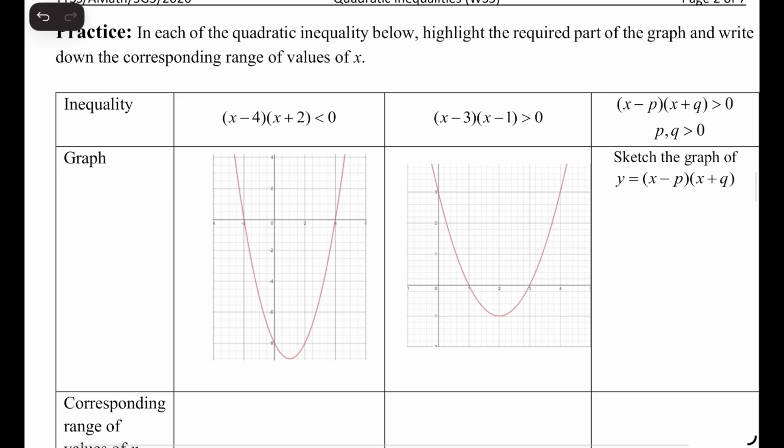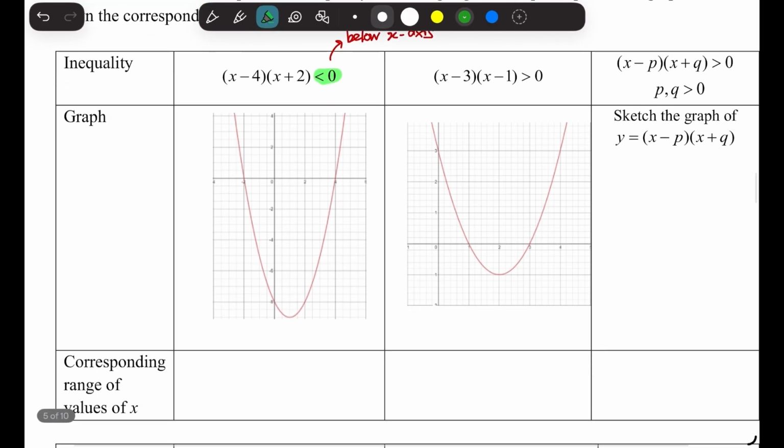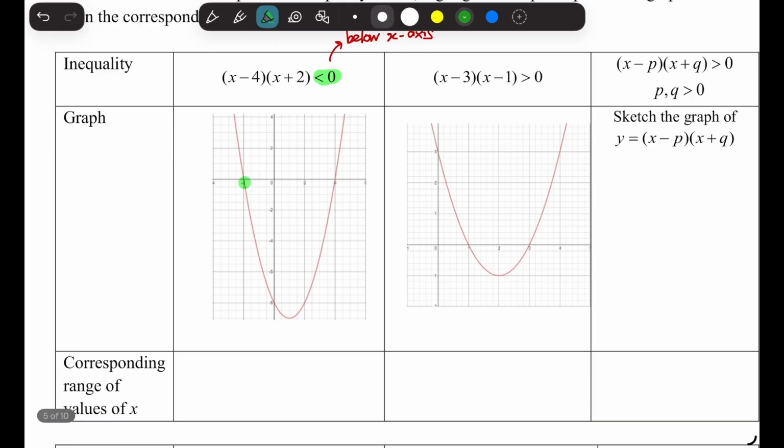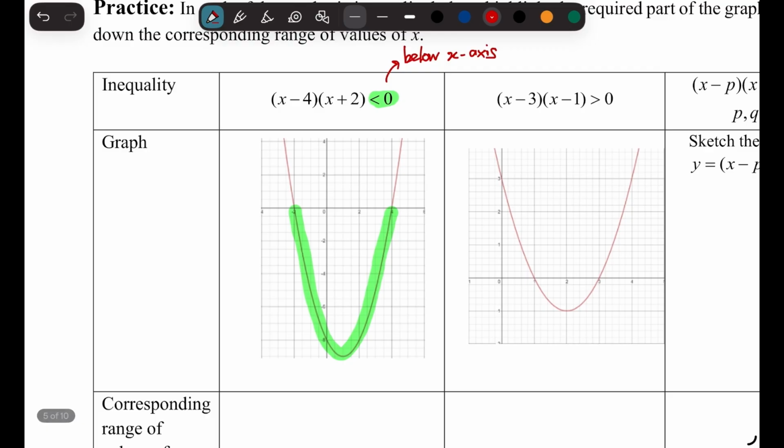Alright, so I'll now go through this part over here. First inequality, x minus 4 times x plus 2 less than 0. I know that less than 0 means it must be below the x-axis. So therefore, I use a highlighter to highlight the part of the graph that is below the x-axis, this portion over here. And how do we get the x-intercepts from this inequality?